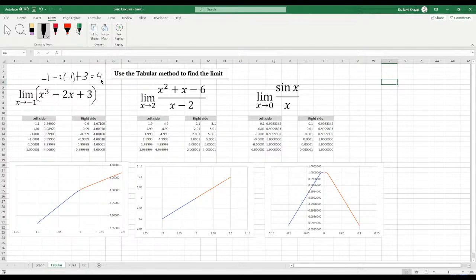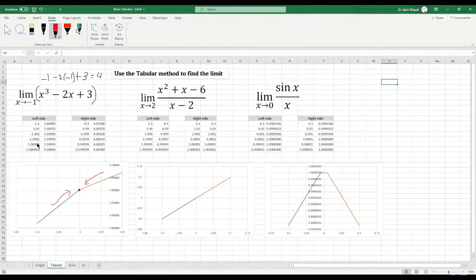Very easy. But I don't want to do it like this. I want to do it by table, the same as what we saw in the graph. I will approach this negative 1 from this direction, and then I will approach it from this direction. Since this is negative 1, less than negative 1 is negative 1.1.